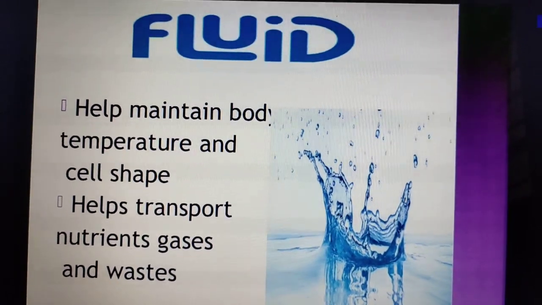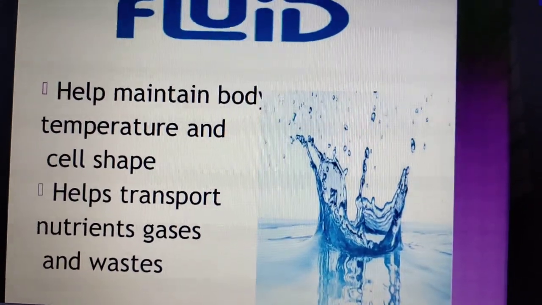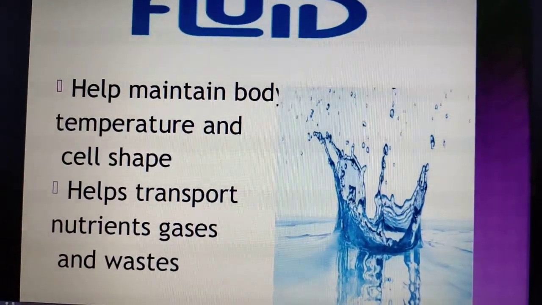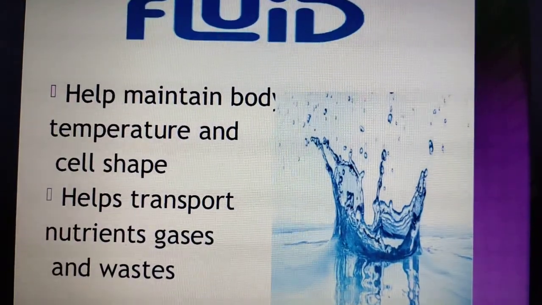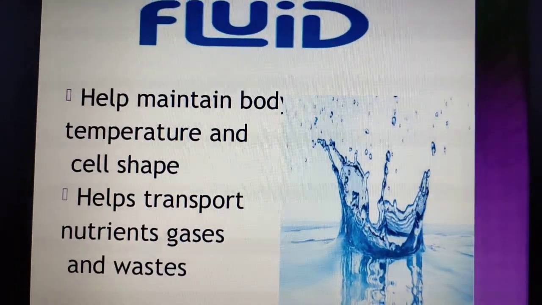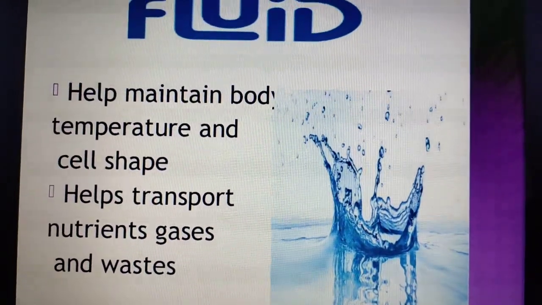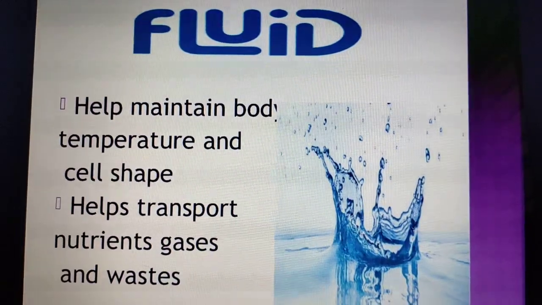Our body is made up of water, isn't it? So what are the functions of water in our body? It helps to transport the nutrients, the gases as well as the waste in the body. It also maintains the temperature as well as the cell shape. These are all the functions of the fluid.